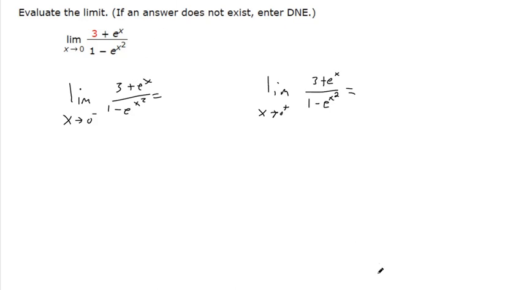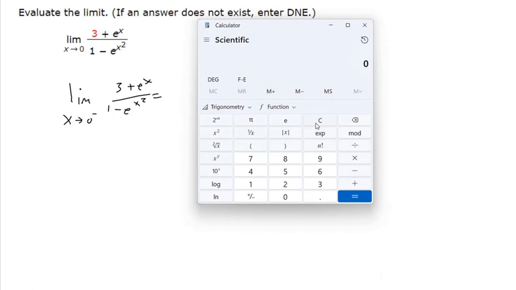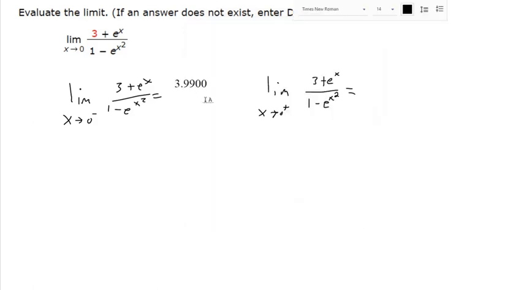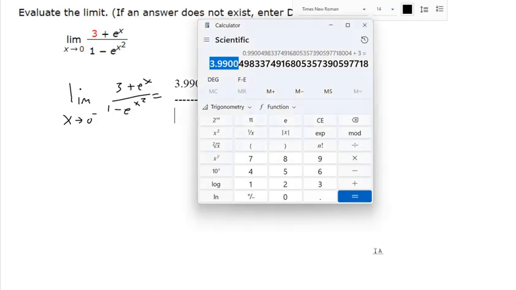Okay, so if we plug in negative 0.01 into the numerator, we want to take e, raise it to the power of negative 0.01, and add that to 3. So then this is what the numerator is when I plug in negative 0.01. And then the denominator, it's going to be negative 0.01 squared, so that'll make it positive for a power on top of e.